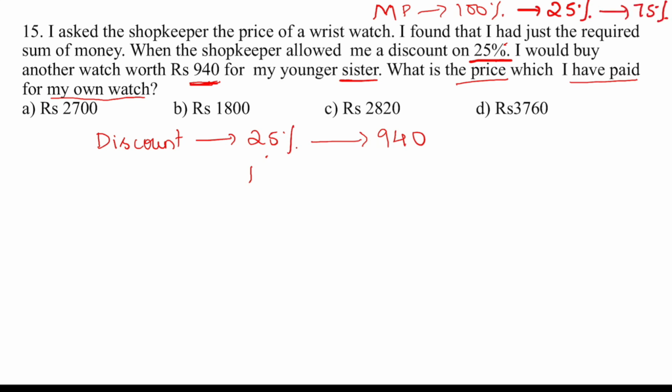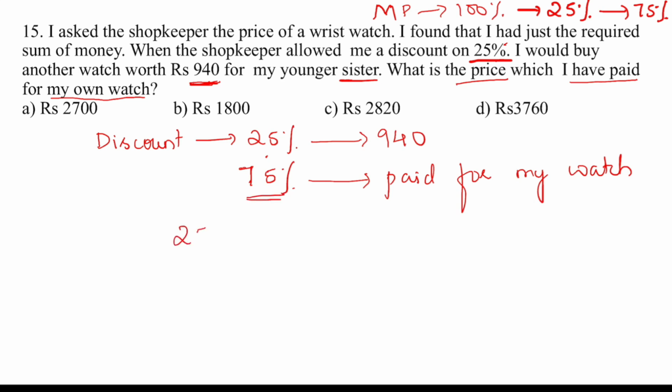So that means the person paid 75% for his watch. So we have to find out the value of the 75% itself.